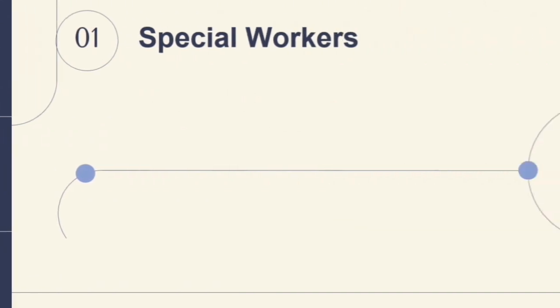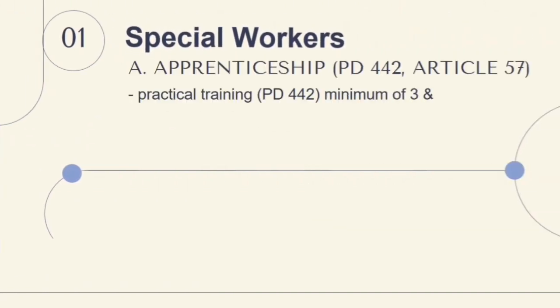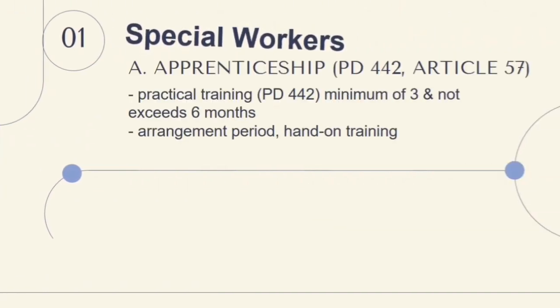First classification is that of special workers. And under this special workers, one is those that falls under apprenticeship under Article 57 of Presidential Decree 442. So this apprenticeship is a practical training with a minimum of 3 and not exceed 6 months.